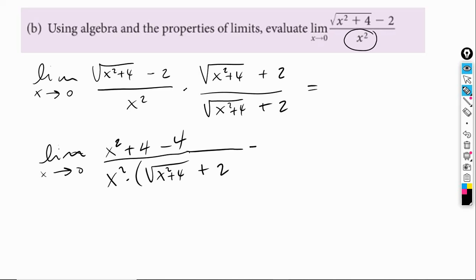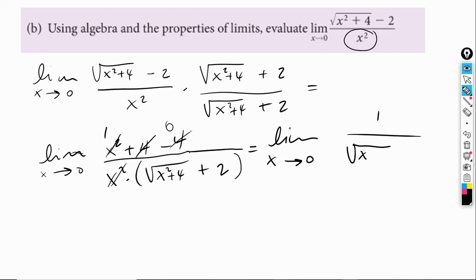So notice what's going to happen here. So 4 minus 4 will cancel out. This will be 0. And then x squared over x squared will be 1, right? So what we're left with really here is to find the limit as x approaches 0 of 1 over square root of x squared plus 4 plus 2.